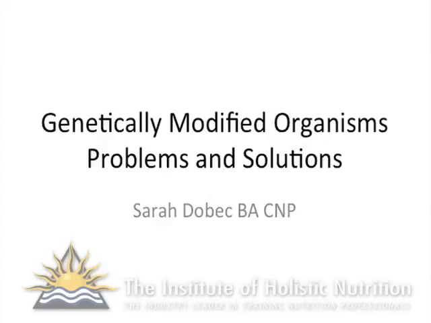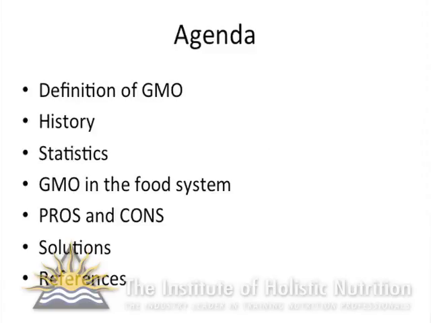So today's presentation is about genetically modified organisms, and we're going to talk about some of the problems with these, some of the solutions, and some things that you can do to avoid them in your food and in the food system. So I want to start with just how it'll unfold. We're going to define what a genetically modified organism is, if you don't know, often referred to as GMOs, so we've kind of turned the acronym into a word almost.